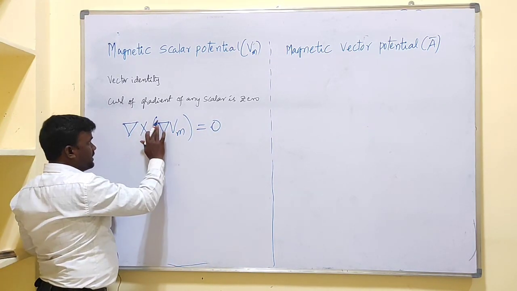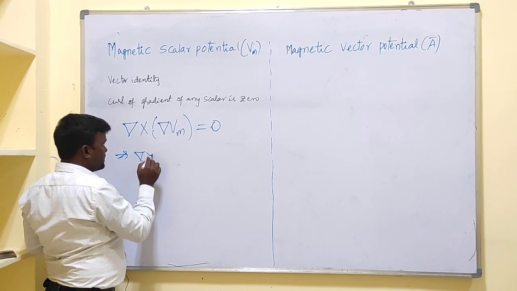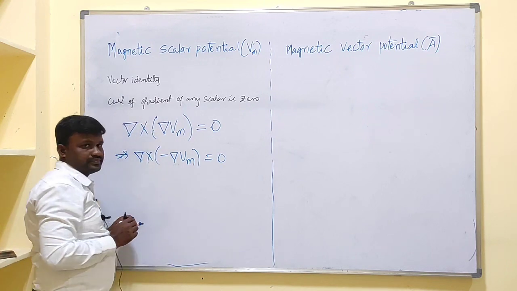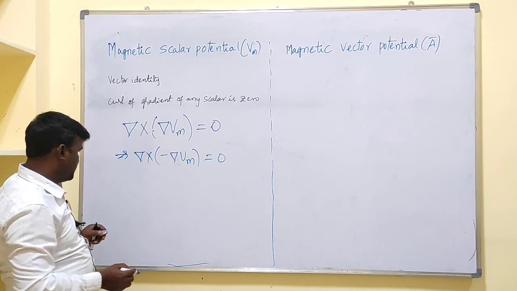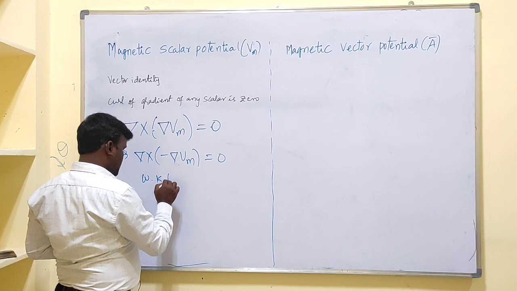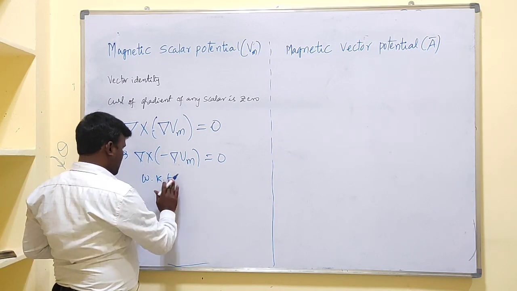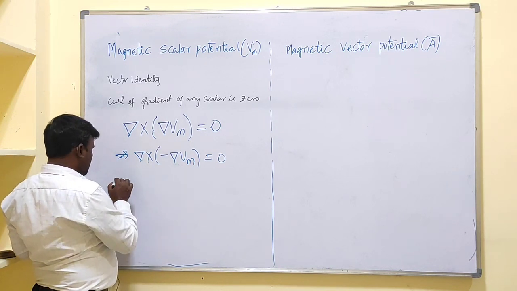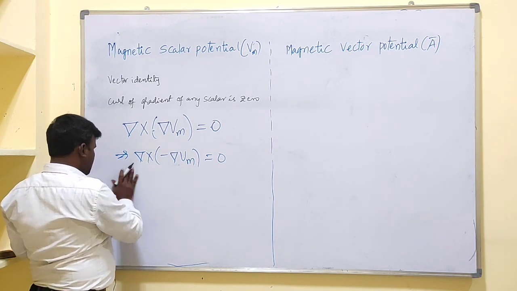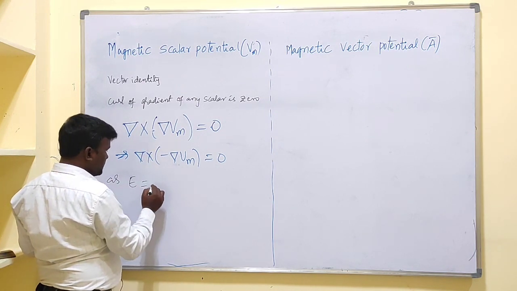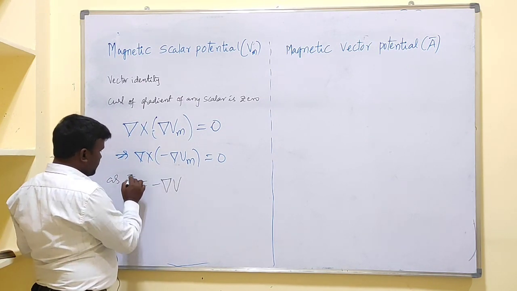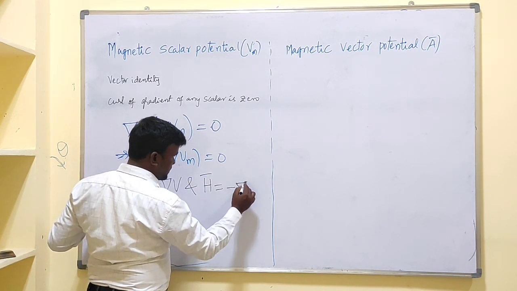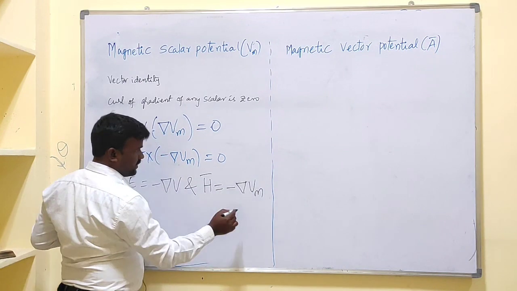Let us multiply by minus on both sides. I will get del cross (minus del Vm) equal to 0. We know that E equals minus del V. Similar to electric field intensity, magnetic field intensity H is defined as H equal to minus del Vm.